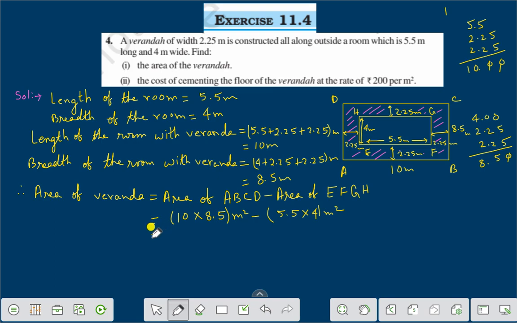Therefore, we will get 8.5 into 10, that is 85 meter square, minus 5.5 into 4, that is 4 fives are 20, 4 fives 20 plus 2, 22 meter square.